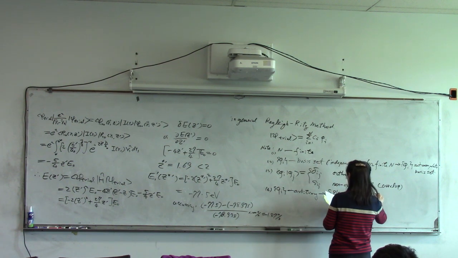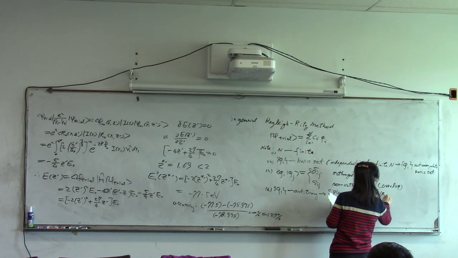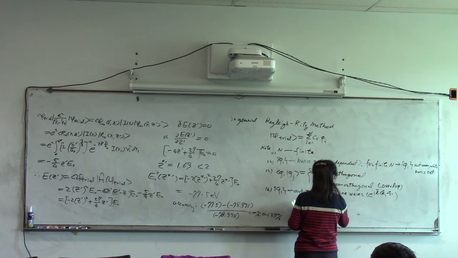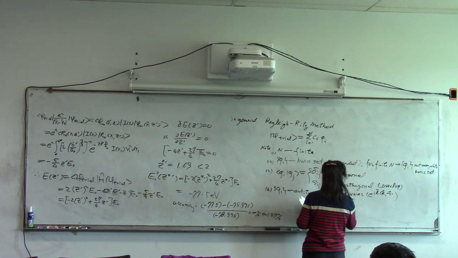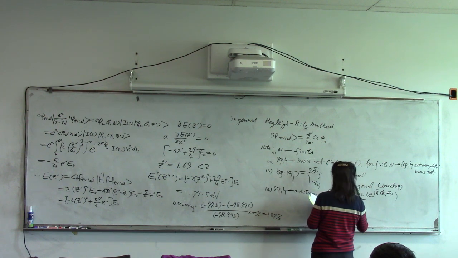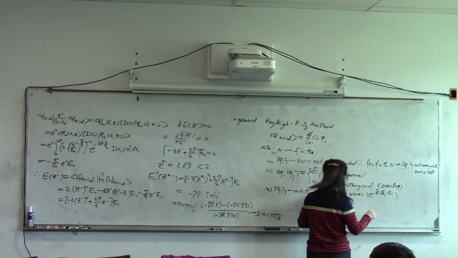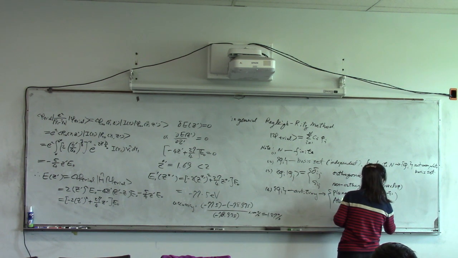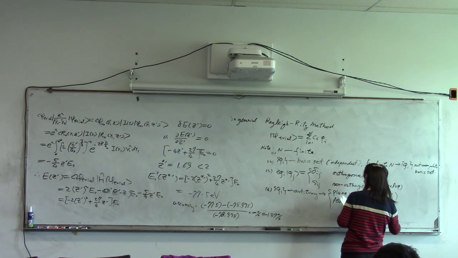Like exponential i k dot r minus something like this, or atomic orbitals, which we obtain like hydrogen-like atoms. We have already the formula of atomic orbitals in spherical coordinates. For example, like psi n l m, right?